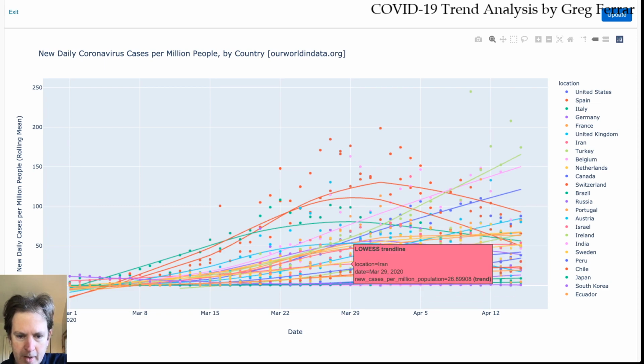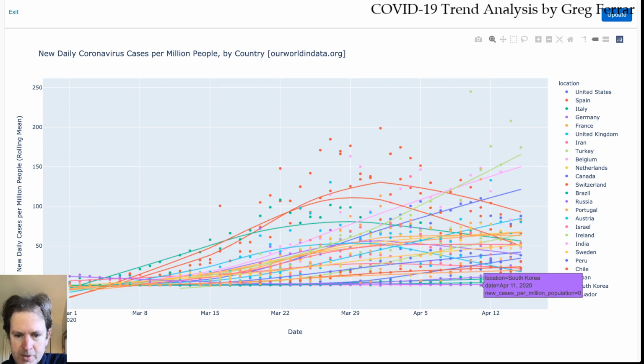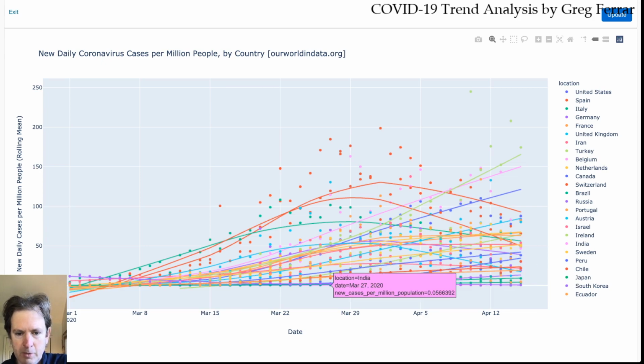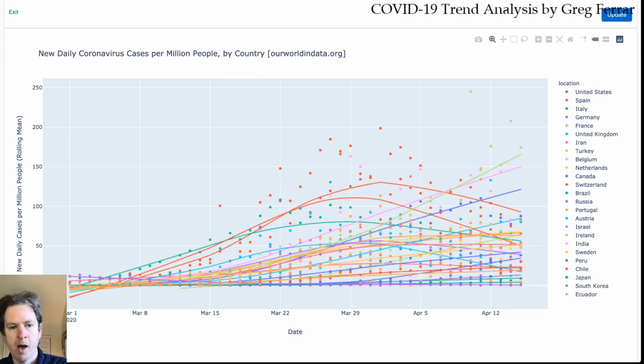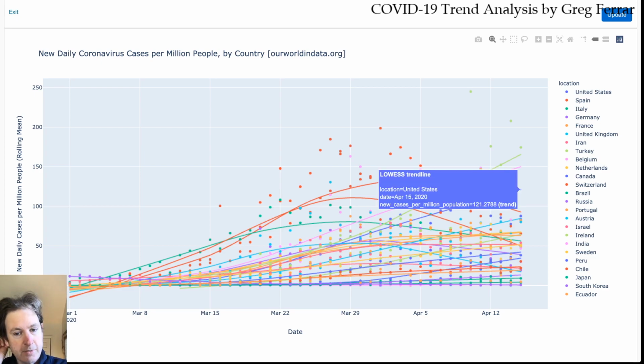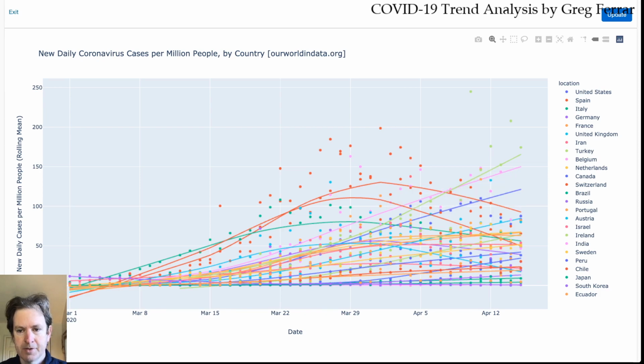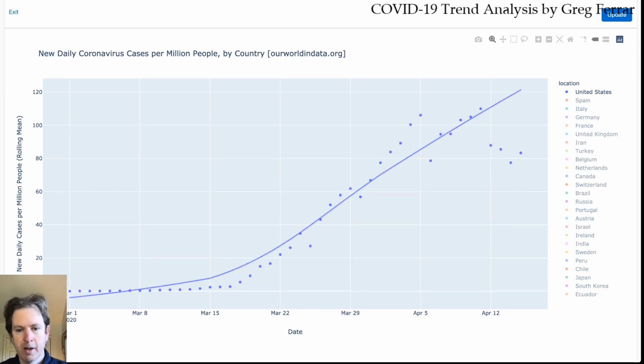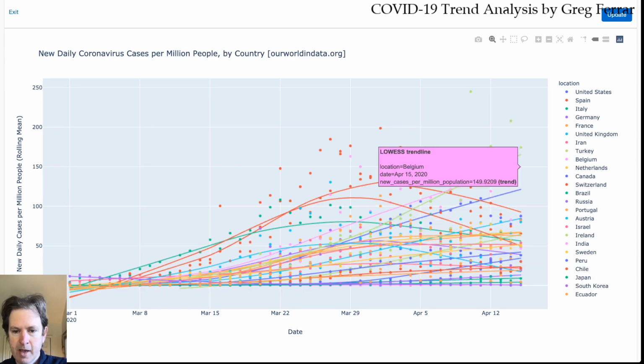And then I think Iran also shows some evidence in that direction, and some of these smaller ones we can't see so well in this graph, but they'll pop right out in the next graph. But then we have, well, the United States, of course, though we saw in the last graph, this is going to have the same shape as the last graph if we zoom in on it. It really looks like the United States has turned, but its trend line doesn't say so yet.